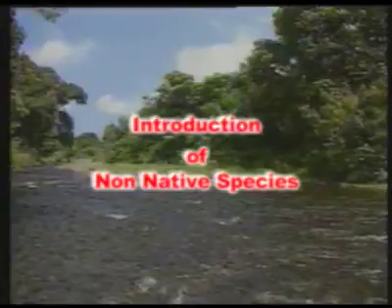Introduction of non-native species. New species entering a geographical region are called exotic or foreign or alien or even invasive species. The niche of foreign species may overlap with the native species. In fact, the newcomer may outgrow the native species, resulting in the extinction of the native species.